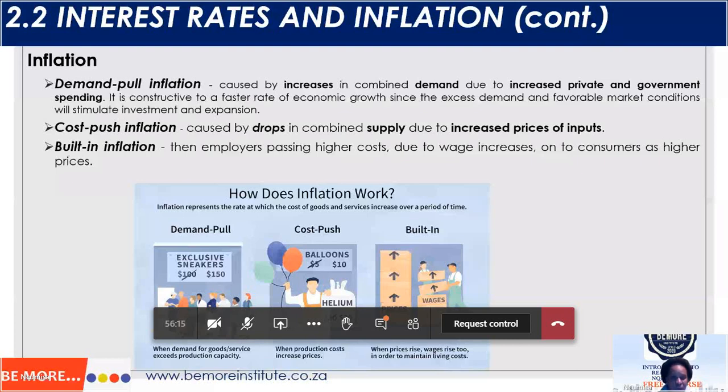Another kind of inflation is called cost push inflation. These are caused by drops in combined supply due to increased prices of inputs. An example that we have here at the bottom is the balloons. If there is a shortage of helium, because there is competition, everybody wants this helium, the price will go up because there is high demand.